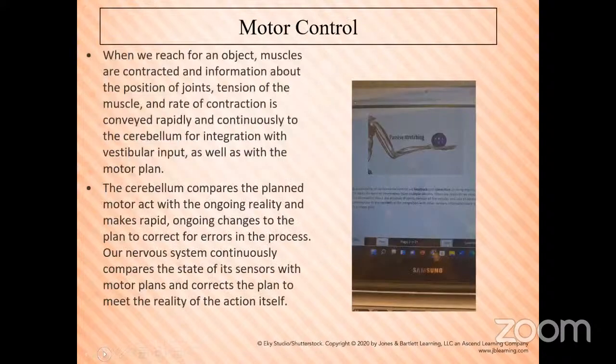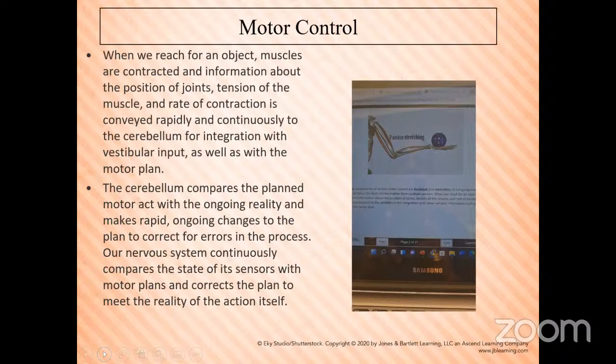When we reach for an object, muscles are contracted, and information about the position of joints, the tension of the muscle, and the rate of contraction is rapidly conveyed and continuously monitored by the cerebellum for integration with other important sensory input, the vestibular input, and also with the motor plan inside the brain.